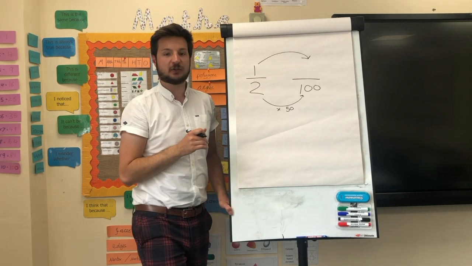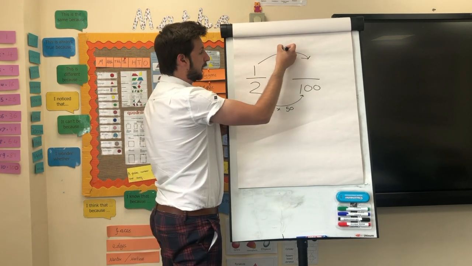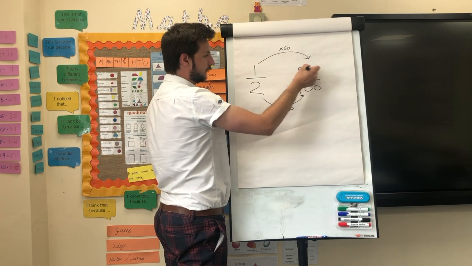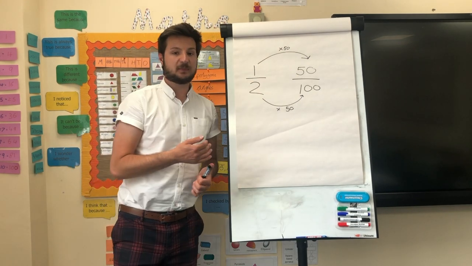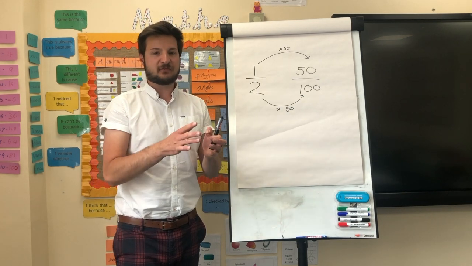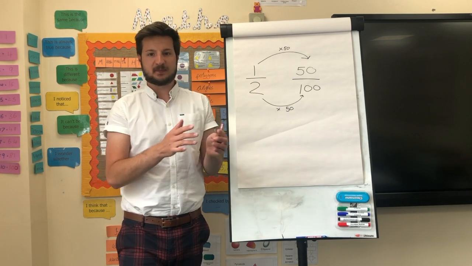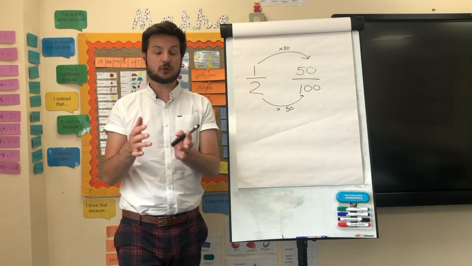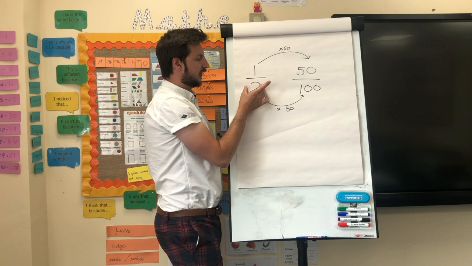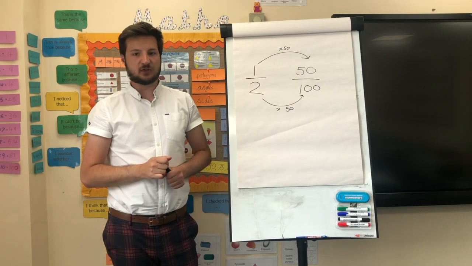Whatever we do to the bottom, we do to the top. 1 multiplied by 50 is 50. We can use this to explain why 1/2 is the same as 50%. 50% means 50 per 100 or out of 100, which is what this fraction here shows. And you can see how half is equivalent to 50 over 100.